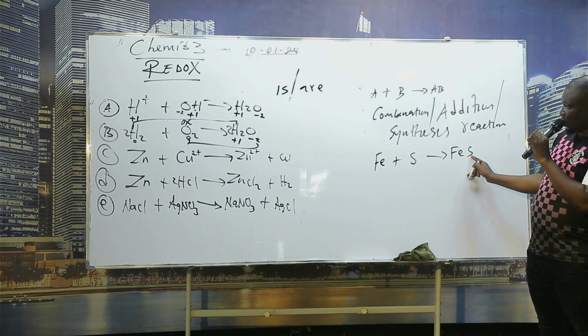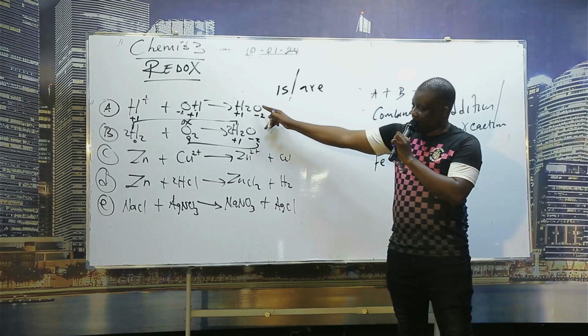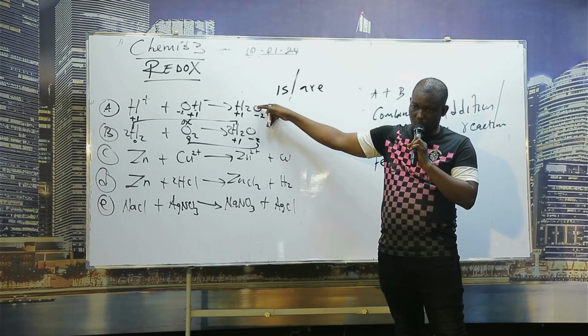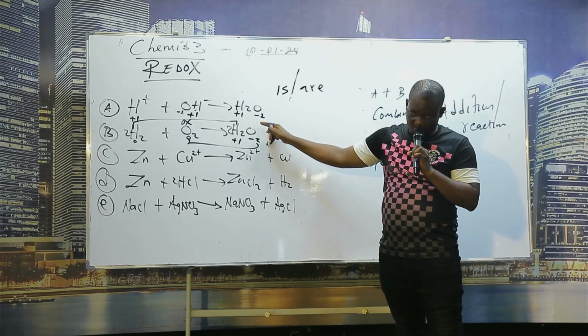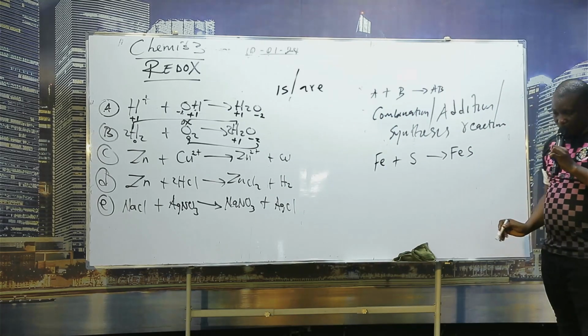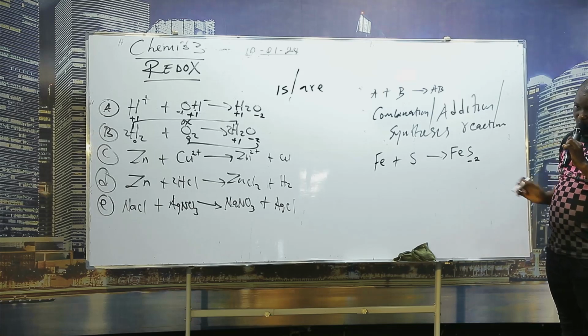You can check it. Sulfur and oxygen belong to the same group. So oxygen forms -2, sulfur will also form -2.